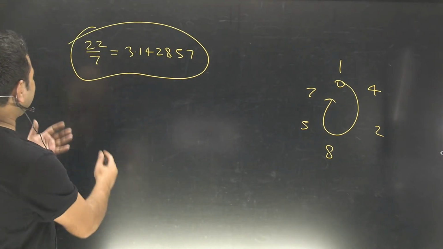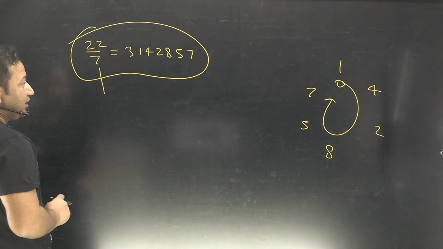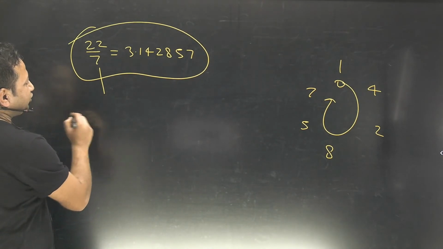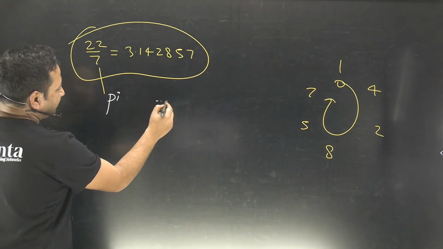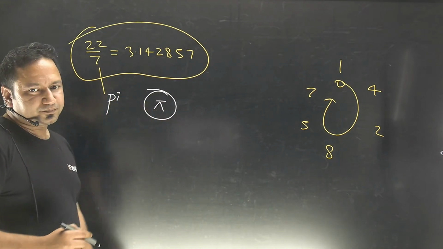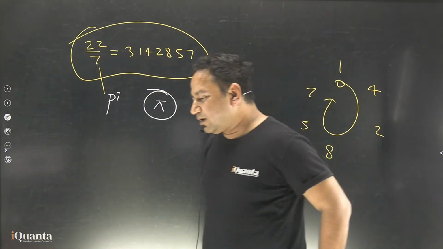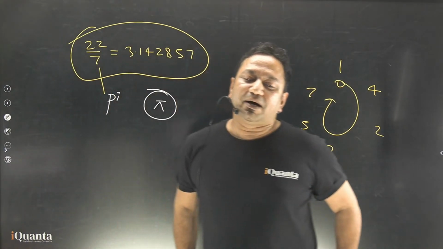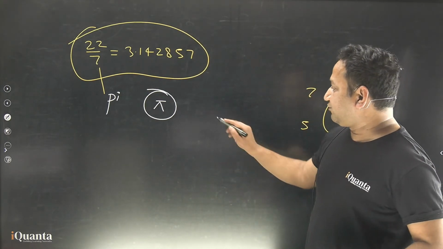Wow. What is this? This is the most famous, most useful, most secretive and mysterious ratio known to mankind. It is called pi. When they say pi is an irrational number, it can be written in rational form like 22 by 7.